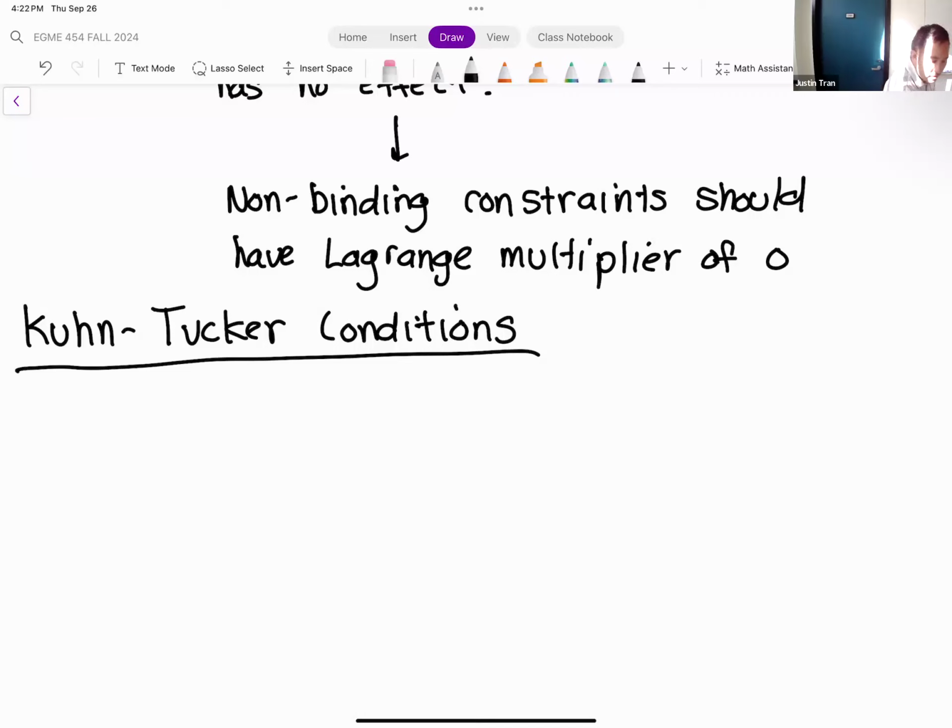The idea with the Kuhn-Tucker conditions, at least from a practical optimization standpoint, is that if an inequality constraint is not binding, then we shouldn't have to include it in our optimization problem at all.